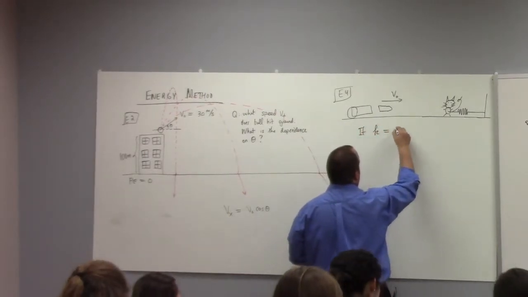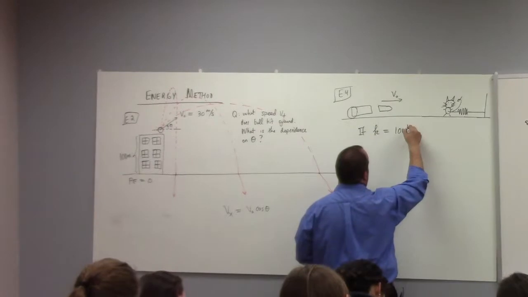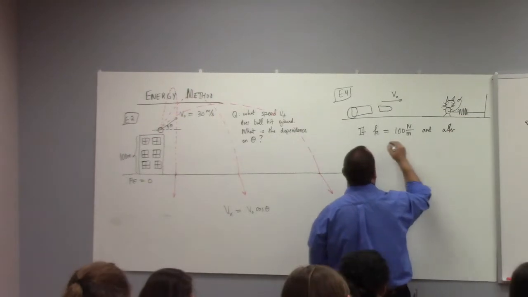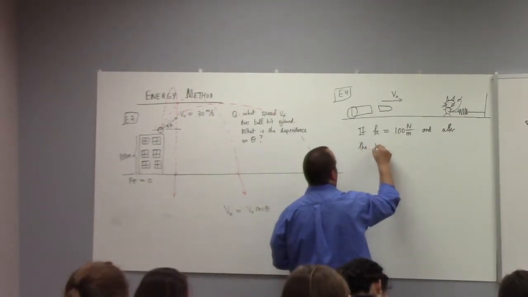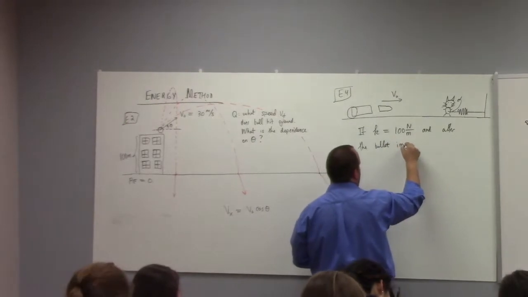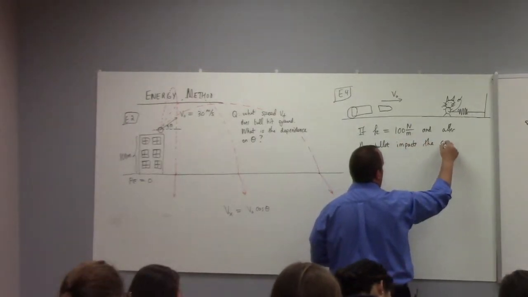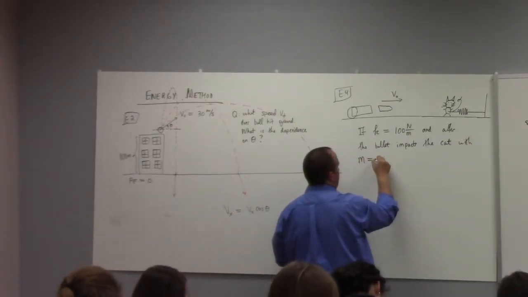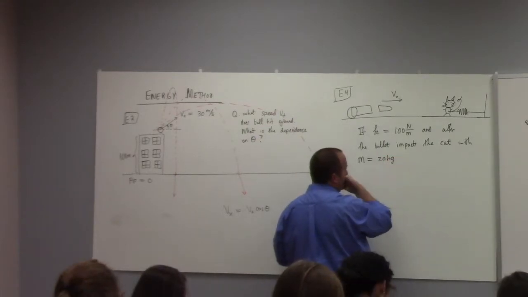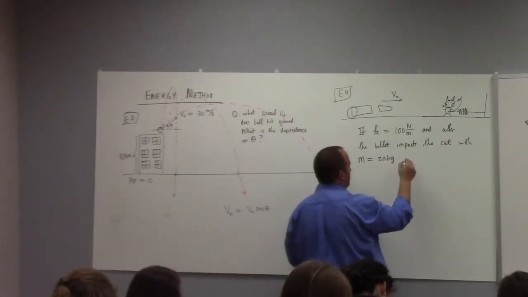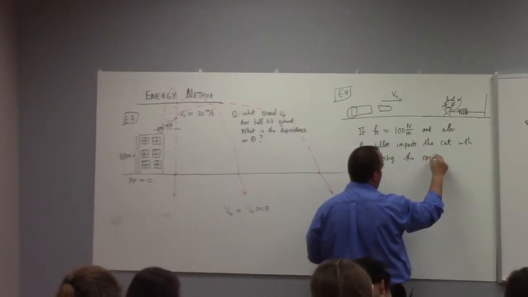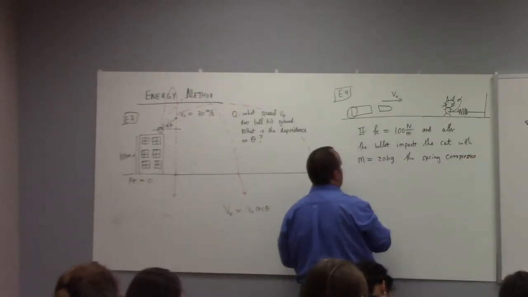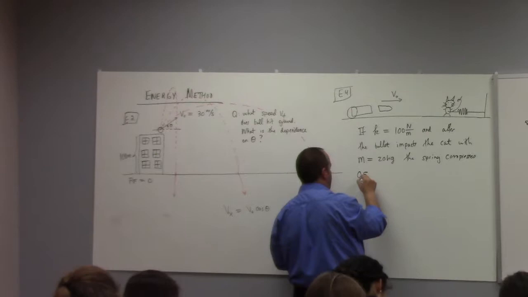K is, say, 100 newtons per meter, and after the bullet impacts the cat, with mass m equal to, I don't know, 20 kilograms, the spring compresses, let's say, 0.5 meters.